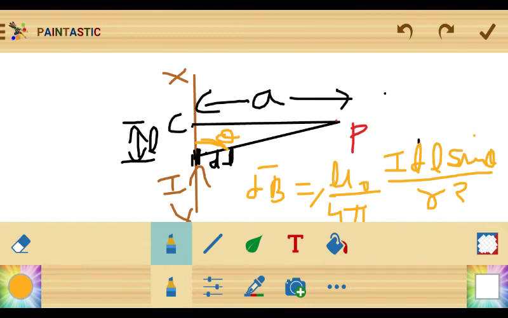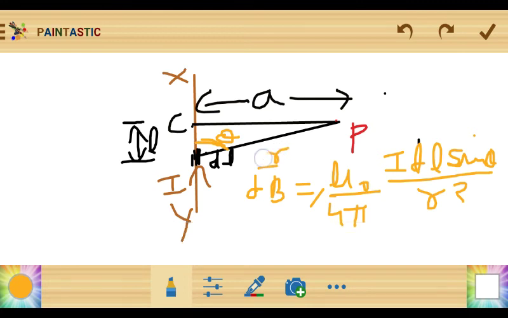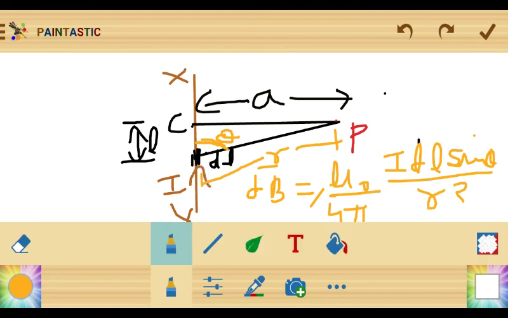Here I draw the perpendicular distance a, and the actual distance is r.